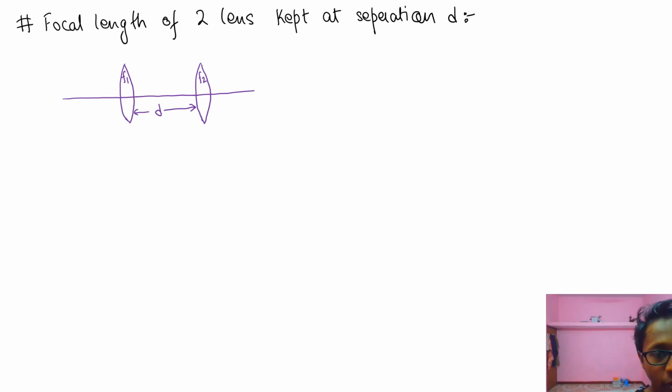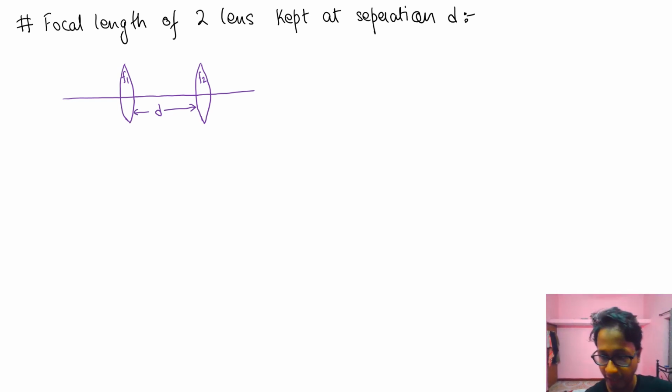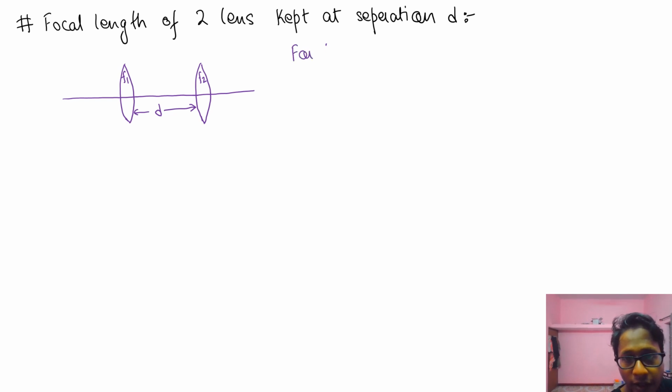We already know that for a combination of any optical devices, the image from the first device will act as the object for the second device. So for lens 1, I can simply apply 1 by v minus 1 by u is equal to 1 by f1.